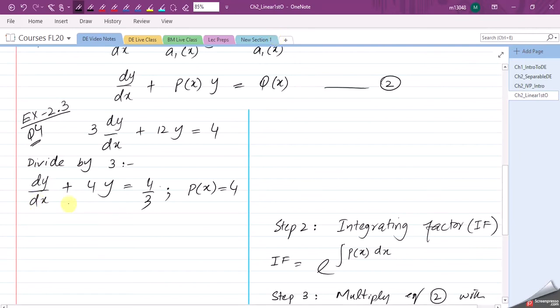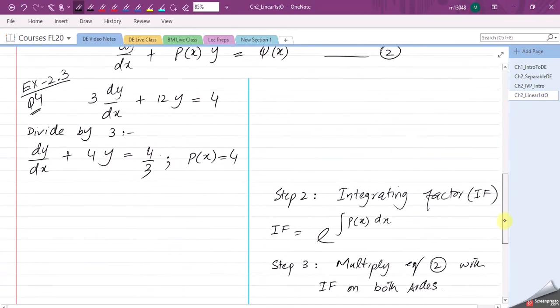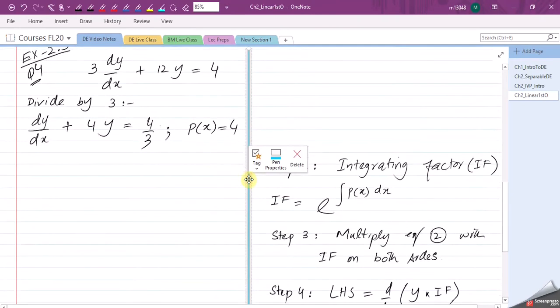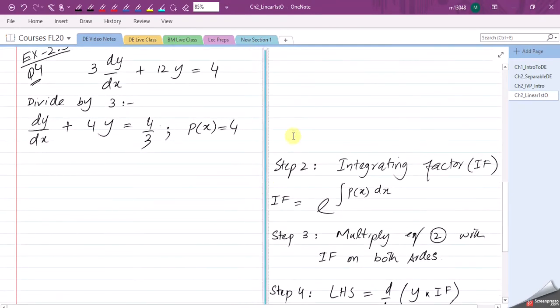Right. Our next step, I have written the steps on this side of the board. Step 2 is calculate the integrating factor. How do we calculate the integrating factor?